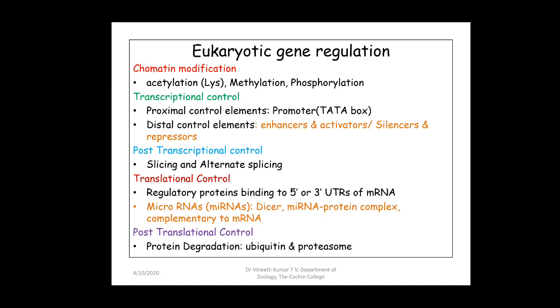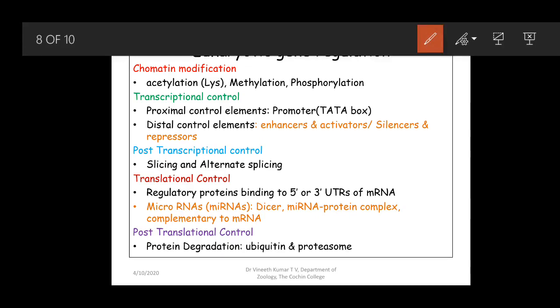Next is translational control. That means if the mRNA is being formed, how can you control at the level of translation? There are regulatory proteins which bind to the 5' and 3' untranslated regions of the mRNA. When a mature mRNA is formed after splicing, in that mature mRNA, if you take the mRNA from the 5' to the 3' region, the AUG, or the correct protein sequence, will start from here.